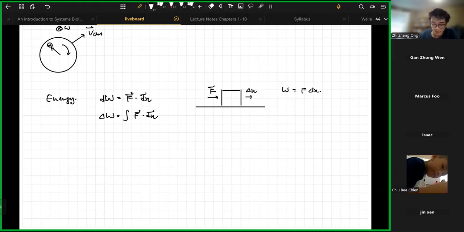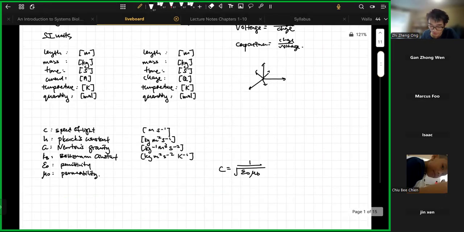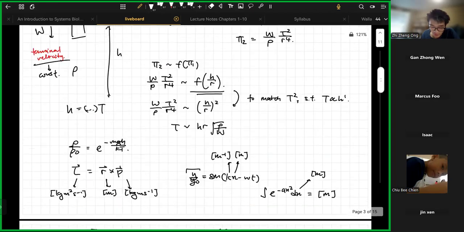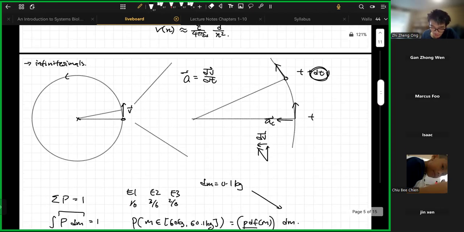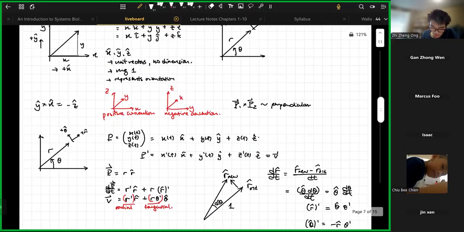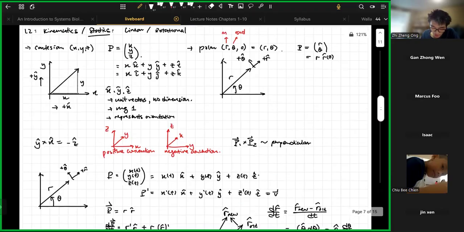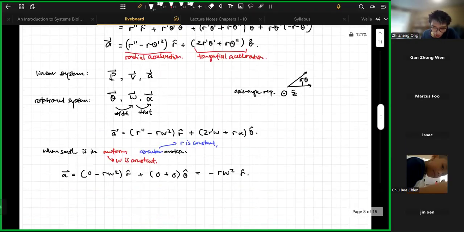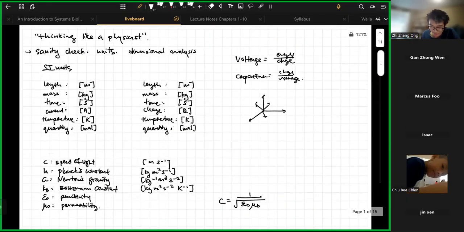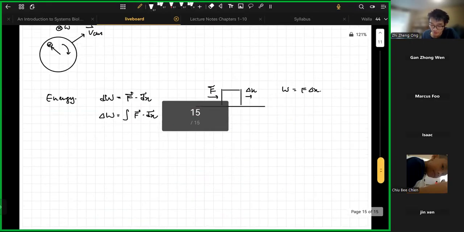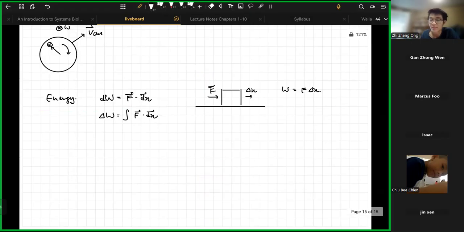Recall from one of the first lectures that we had the dot product. Maybe we did not cover it, I don't remember. Anyways, the dot product means how similar these two vectors are.